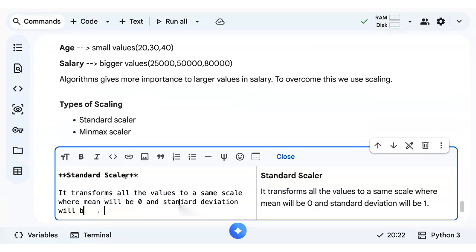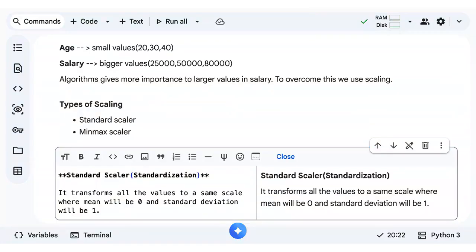Yeah, it is called standardization. And normalization as well, or no? Normalization is for min-max. Standardization, mean will be 0, standard deviation will be 1.